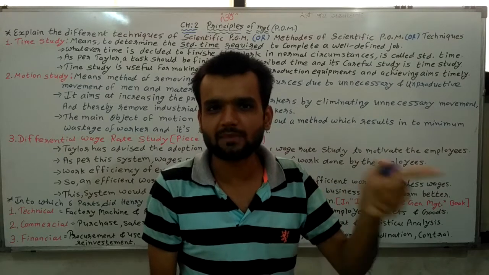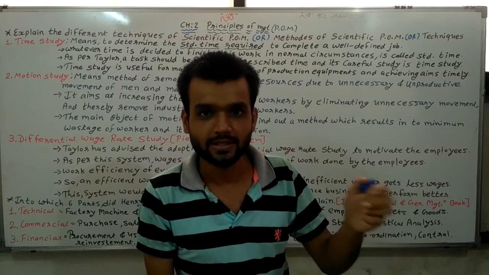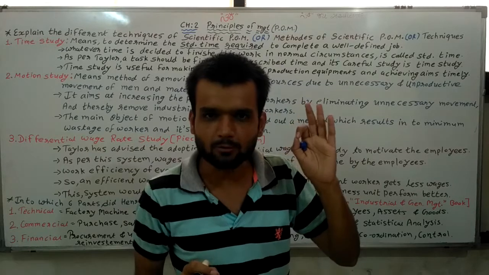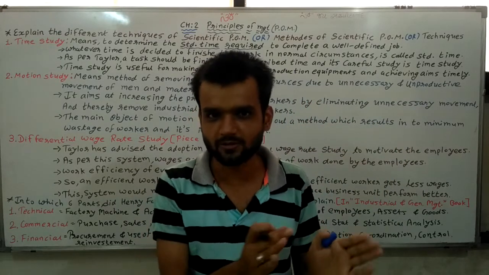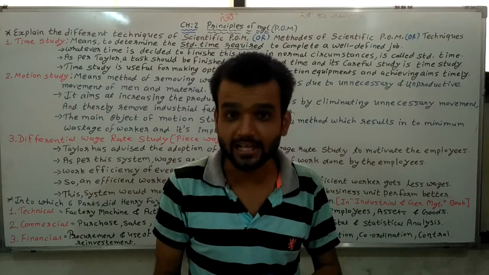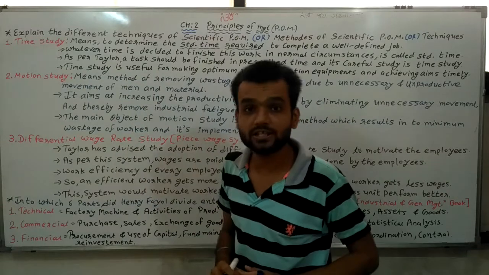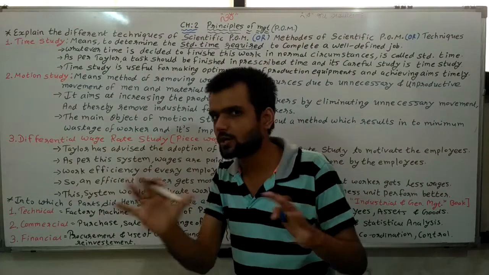If more time is taken by the employee, it means the employee is not efficient. If less time is taken by the employee, it means the employee is very efficient, doing fast work and with the best quality. That can be judged. But first of all, we have to study time, in which time work should be completed.